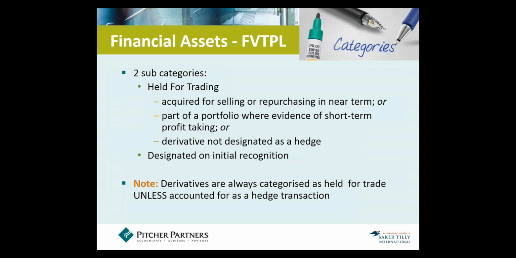So as soon as you've got a derivative which is not designated as a hedge and doesn't meet the hedge accounting requirements, it can only be one category. Whether it's an asset or a liability, it is fair value through profit and loss.